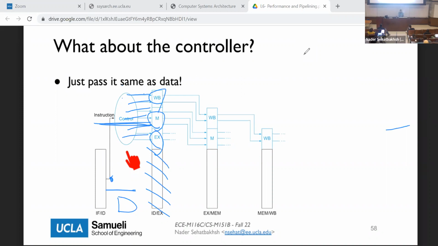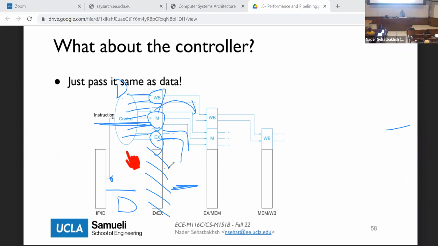For example, we are in the decode stage, so we only need to pass things to the execution stage, memory stage, and write back stage. We already did fetch and decode, right? So there are three more stages remaining. Then the instruction goes into the execution stage, and there are some control signals for the execution, like the ALU op, the branch, and all those things.